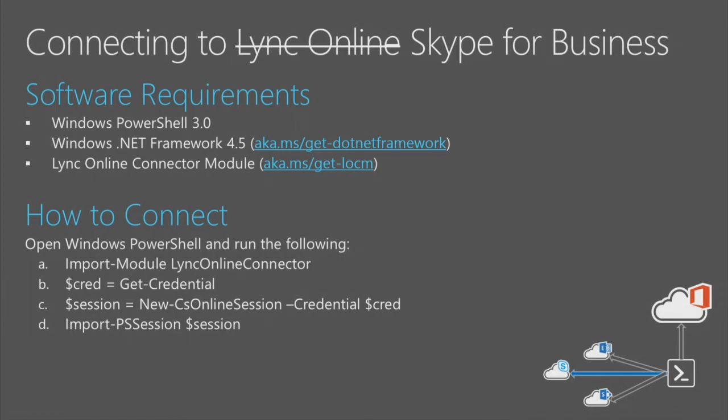So now I'm going to create a new session object, a variable, run New-CsOnlineSession, pass it the credential object I had before, and then import the session. Importing the session takes my live PowerShell session and fleshes it out to the full feature set of the session that I created.